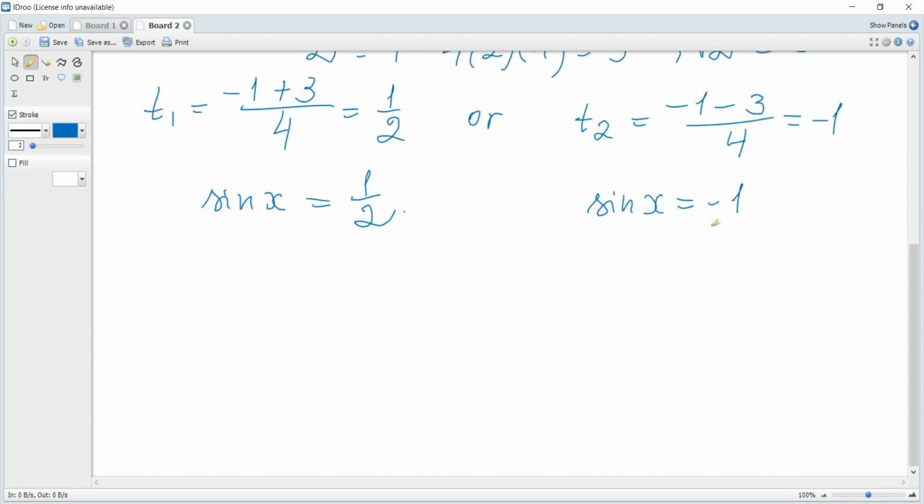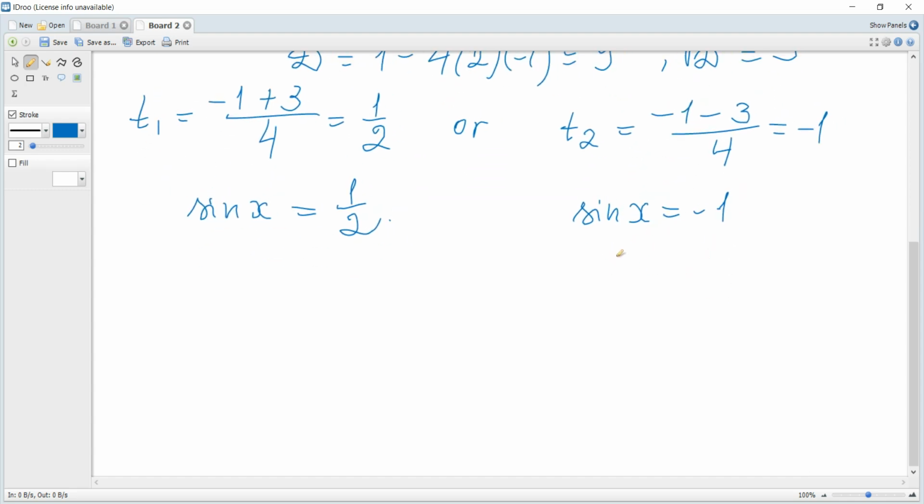And how to solve an equation sine is equal to a number? We use a unit circle. Let's start with this equation, it's simpler. If we consider any angle on a unit circle, sine is the y coordinate, cosine is the x coordinate.